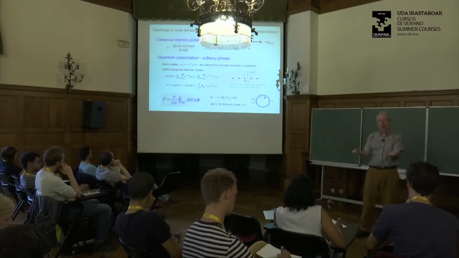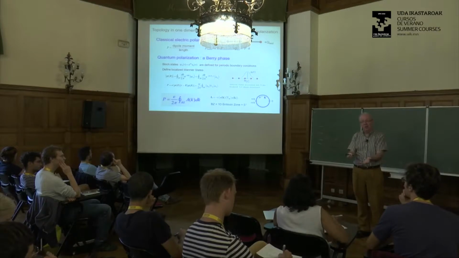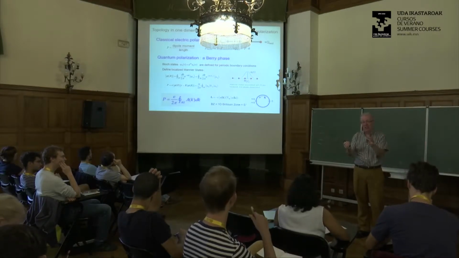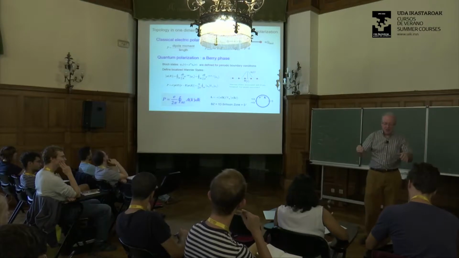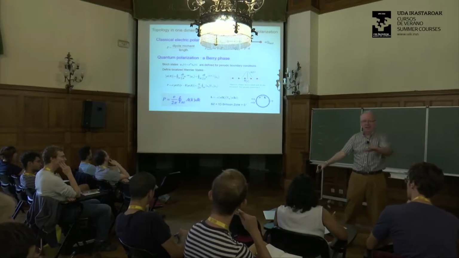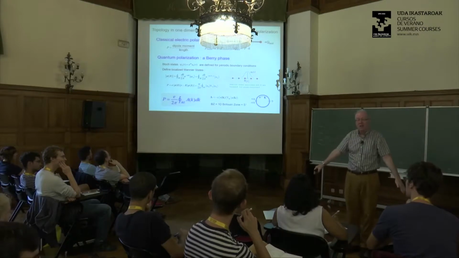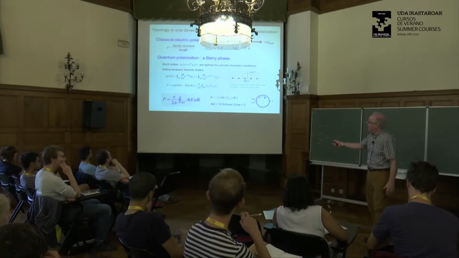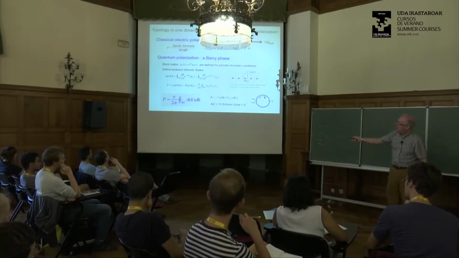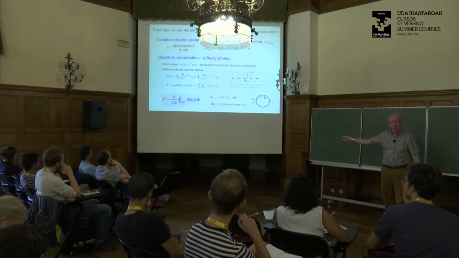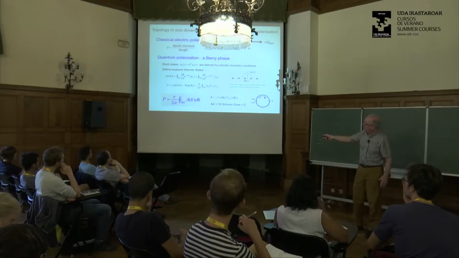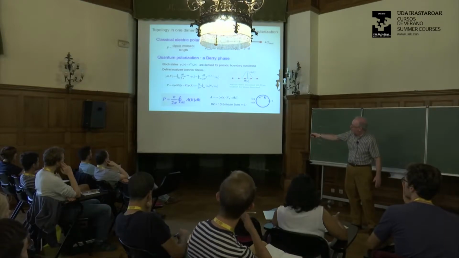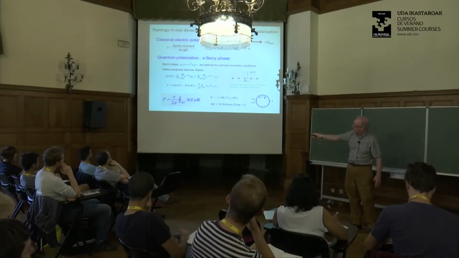Provided my Bloch states are defined continuously throughout the Brillouin zone, so there are no singularities in how they're defined, then these Wannier states will be well localized, since I'm taking the Fourier transform of a smooth function. So it makes sense to compute the dipole moment of one of those Wannier states. If you do that, then you can sort of undo the Fourier transform. This is the dipole moment of the Wannier state.